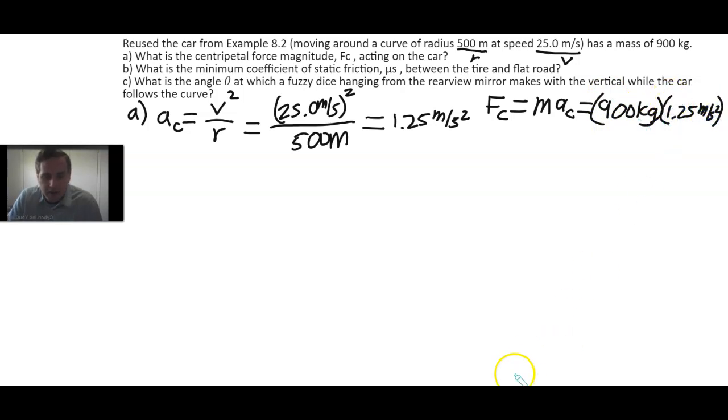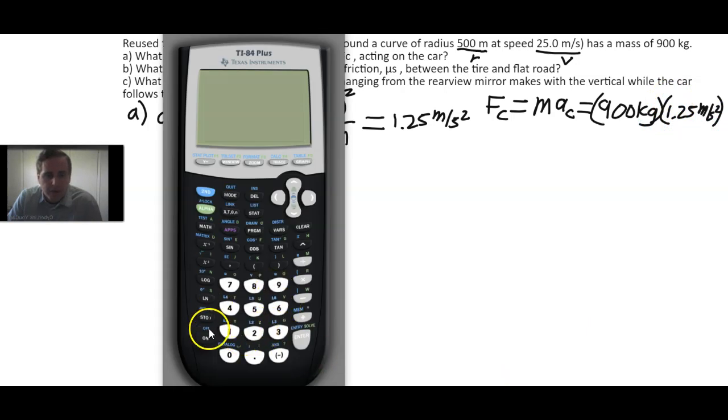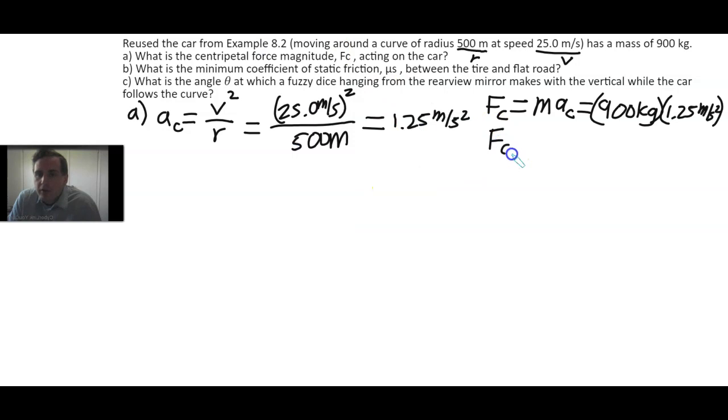Let's go ahead and multiply those. 900 times 1.25 is 1,125. Rounded to three significant digits would be 1,130. So the centripetal force is 1,130 newtons. Again, we're rounding because of significant digits. We believe that there are three significant digits. All right, fine. So that takes care of part A.